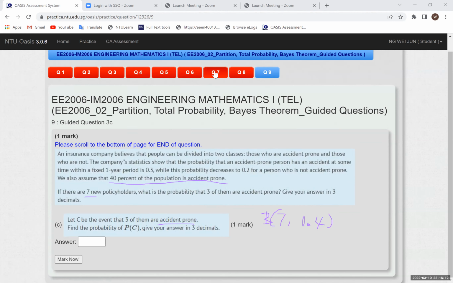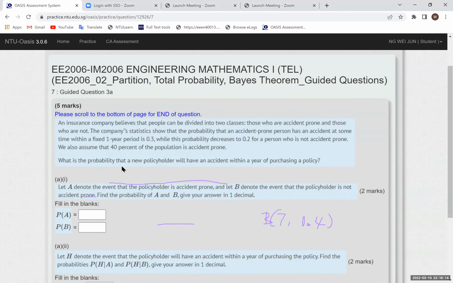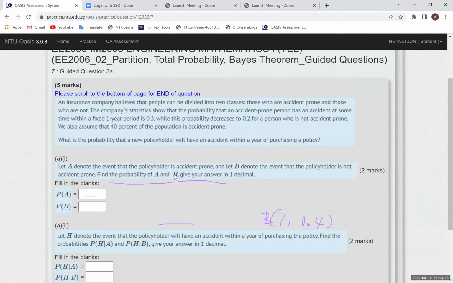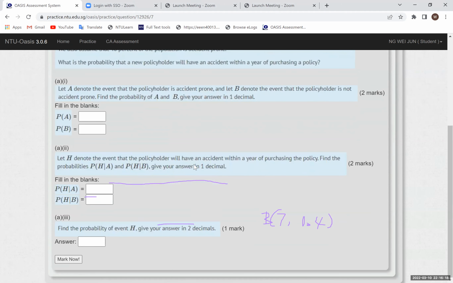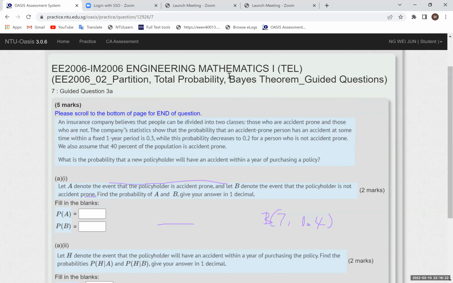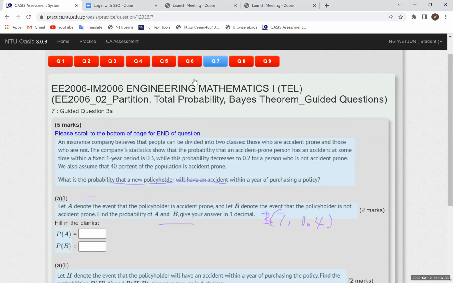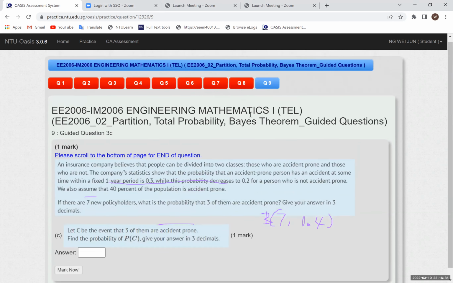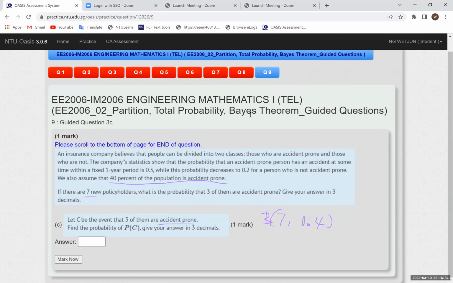The part A is all this. So these are some other things, maybe total probability or Bayes theorem, partition and all these. Yes, correct. But the last one is actually binomial. Oh, okay. Thank you, bro.